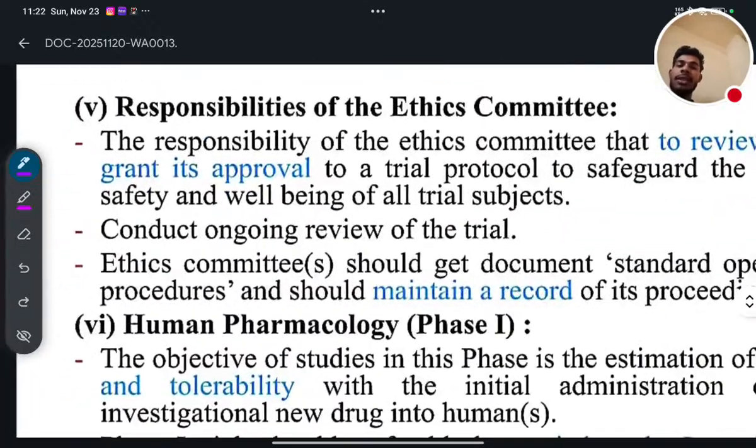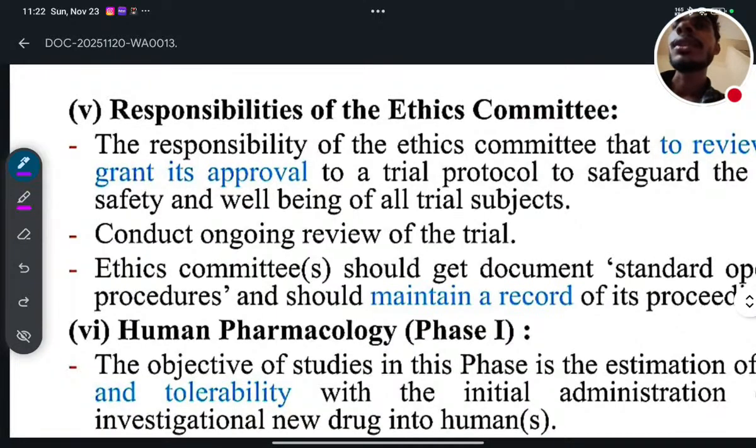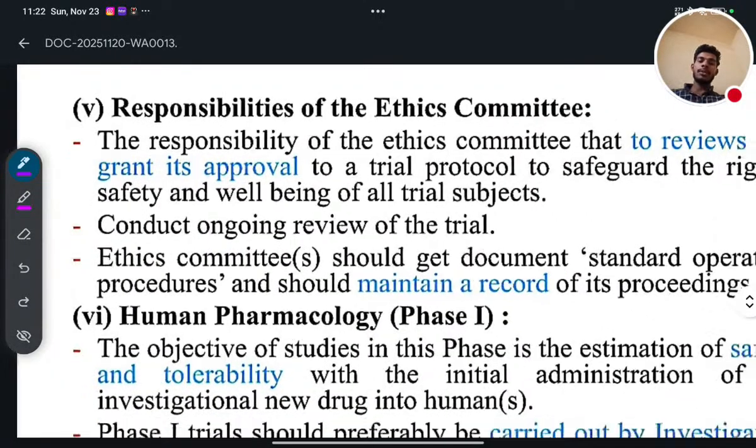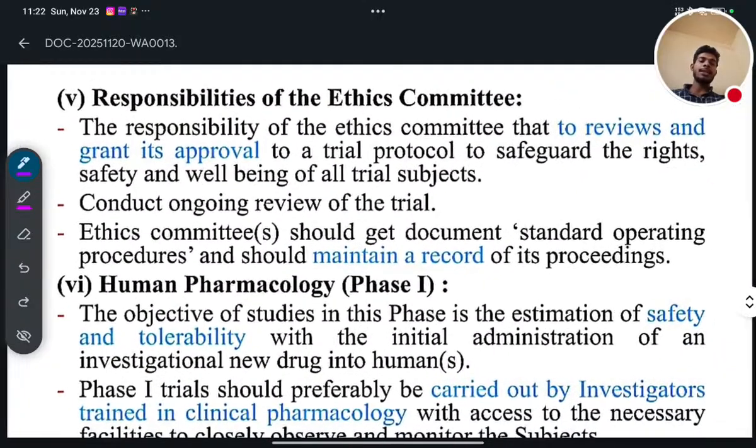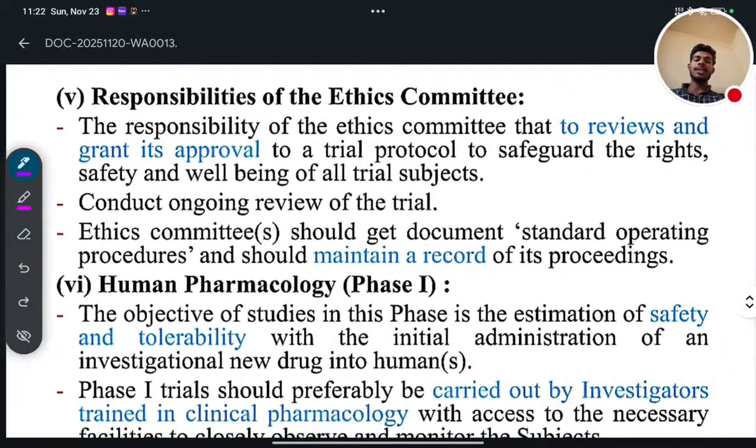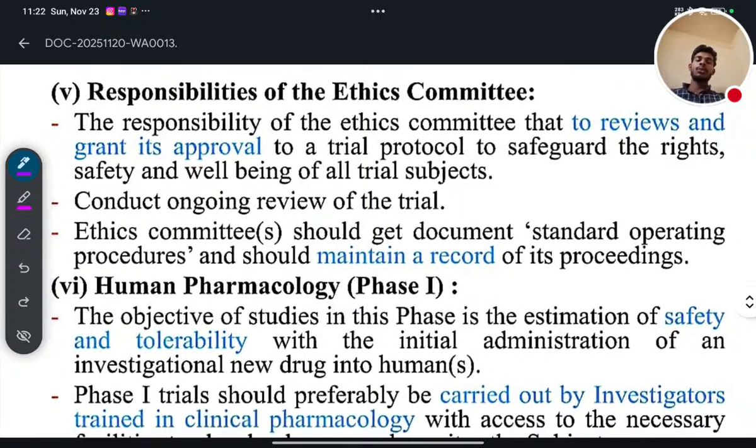Next, we will see responsibilities of the ethics committee. Now, what are the responsibilities of the ethics committee? The responsibility of the ethics committee is to review and grant its approval to a trial protocol to safeguard the rights, safety and well-being of all trial subjects.